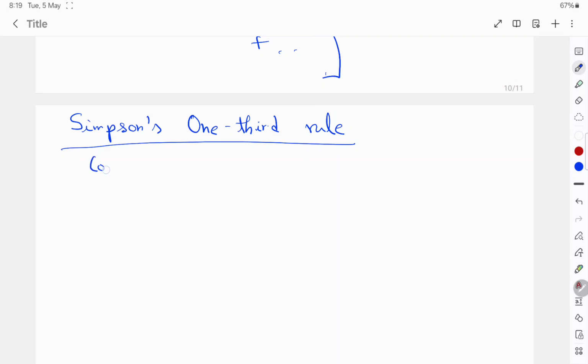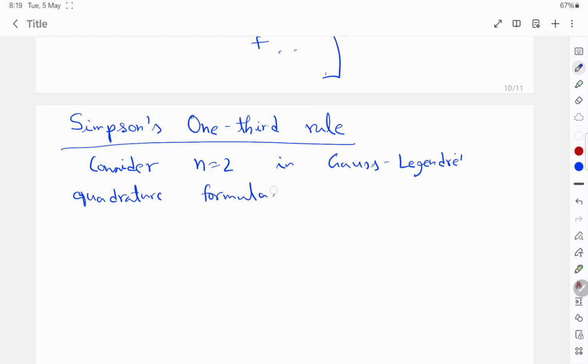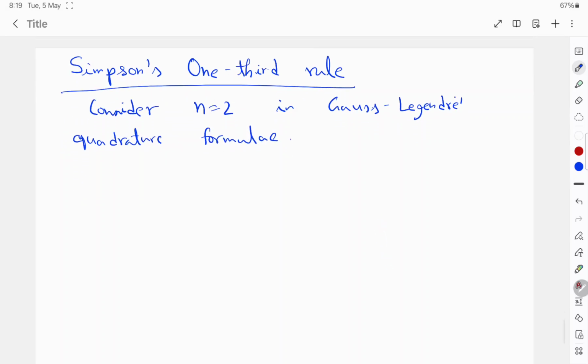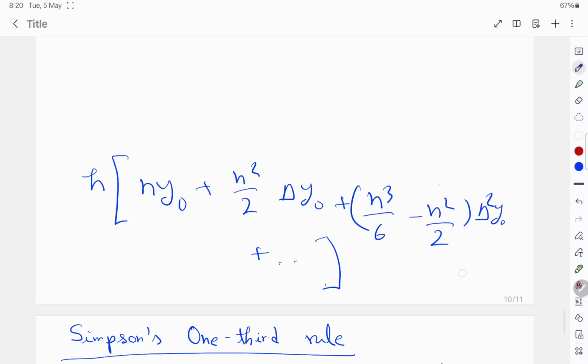So consider n equal to 2 in the Gauss quadrature formula. If you substitute, you will get, I am writing this with the notation I_S, S for Simpson.